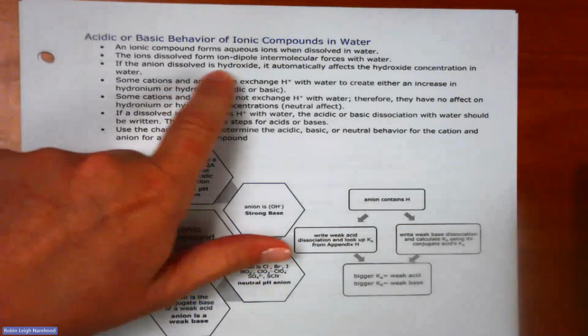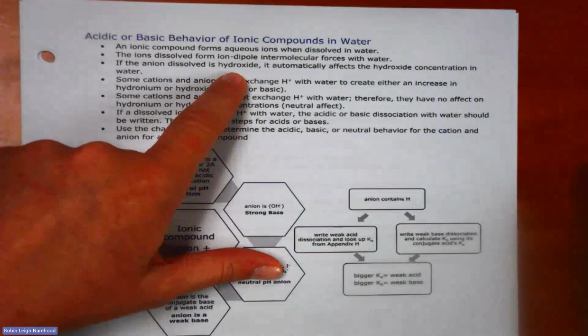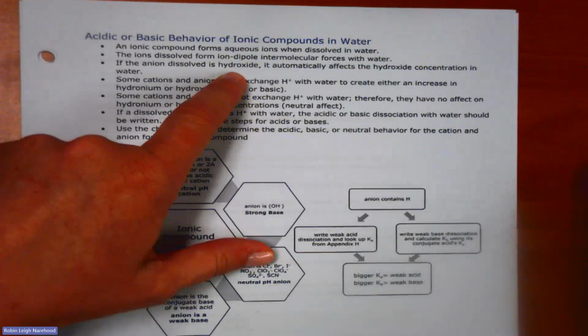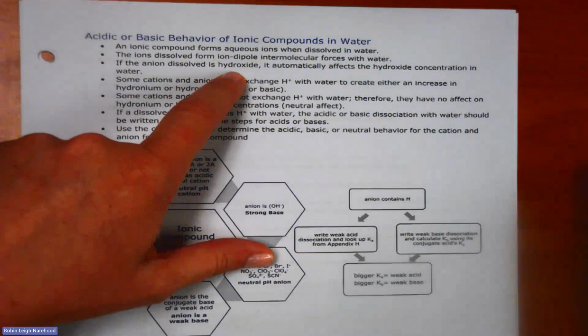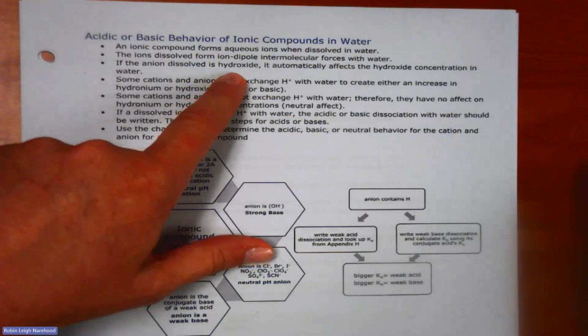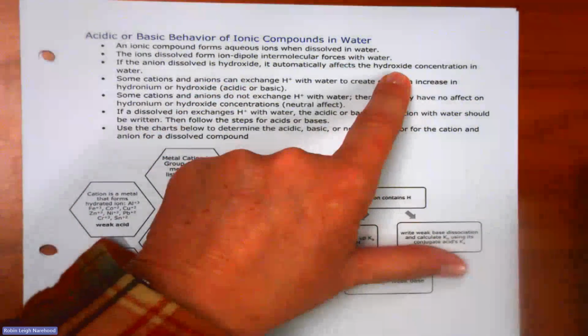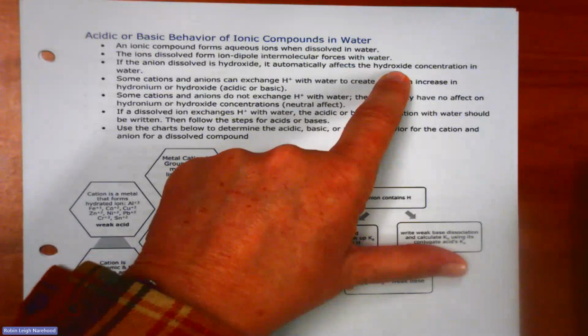If the ion is actually hydroxide, that's a base, because a base is something that forms hydroxide in water. It doesn't have to form it from water, but when any hydroxide ion is dissolved, there's hydroxide there. And so it automatically is going to make the hydroxide concentration go up because it came from the ionic compound.